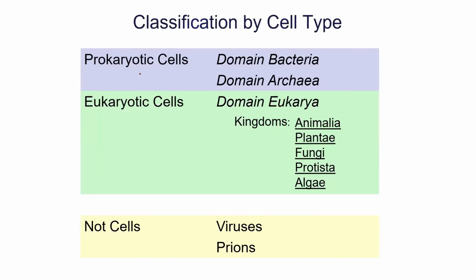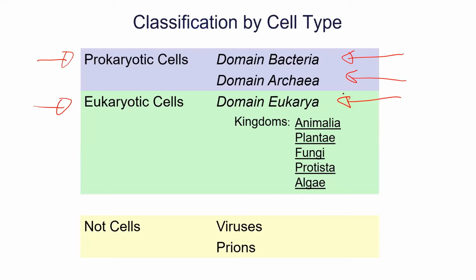So as I mentioned, I want to talk a little bit about classification today. And you can see that when we look at cells and organisms, we can classify them in different ways. So one way is that we can say we've got a prokaryotic or a eukaryotic cell. Another way is sometimes we talk about domains. And there are actually 3 domains of life. And I'll show you another image in a moment.